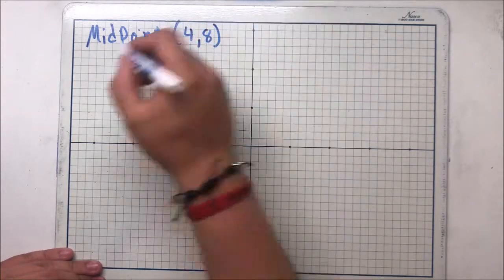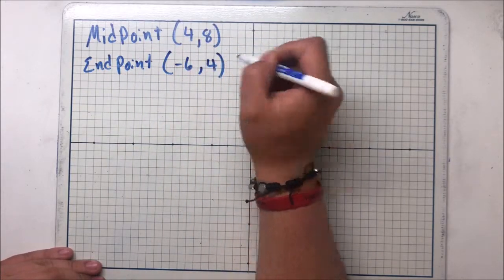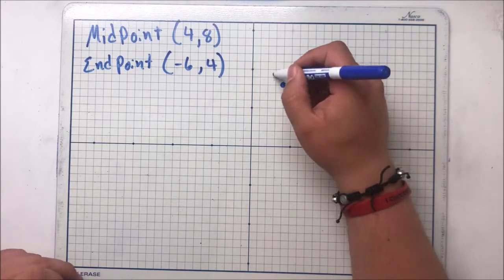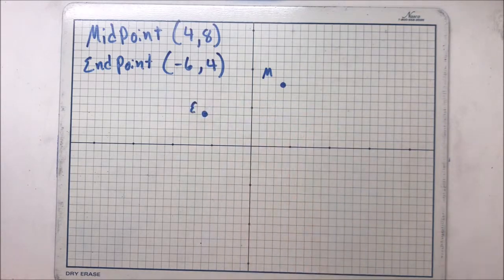So for this next problem, we have a midpoint of (4, 8) and an endpoint of (-6, 4). Just for right now, we could put down both points so we could get a general idea on where the third and final point is going to be.